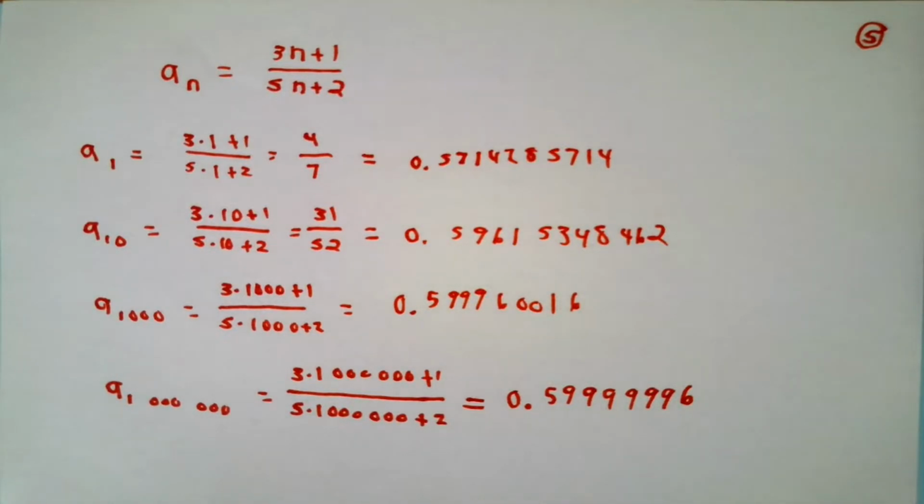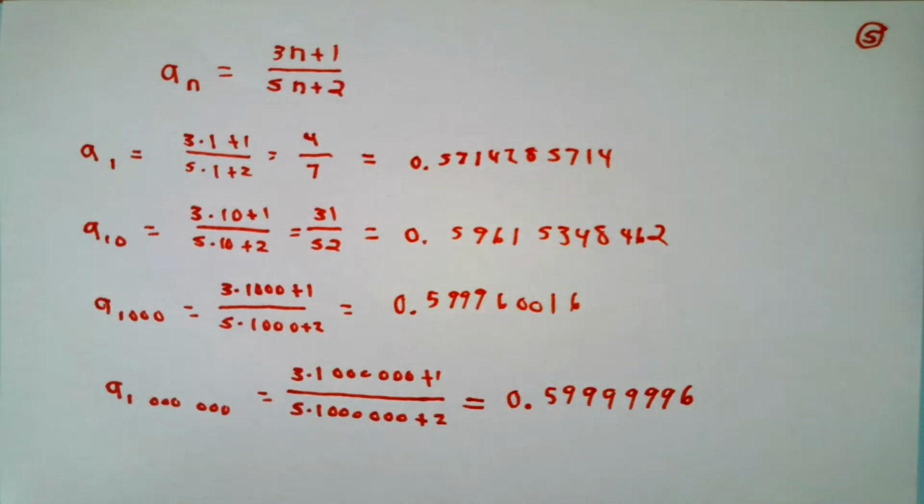So, looking at the sequence given by a sub n equals (3n plus 1) over (5n plus 2), I'm just going to calculate some of these a numbers. I'll let n be 1 and 10 and 1,000 and 1,000,000, and as is obvious, as I continue calculating these things, the numbers are getting bigger, but they're not getting bigger in some sort of uncontrolled way.